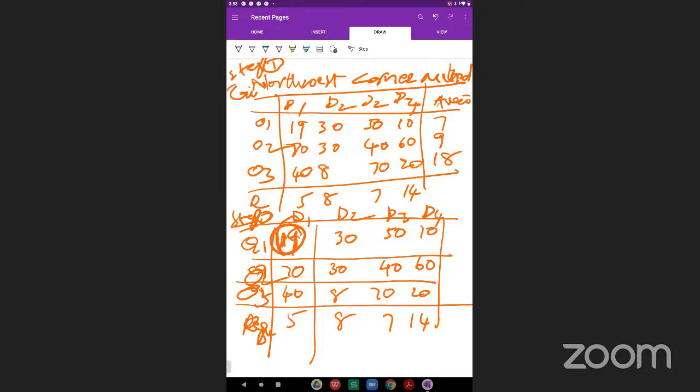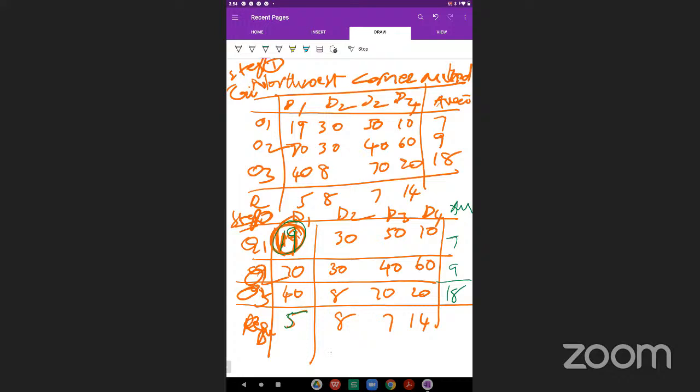I will start from the north. From the north, I take the requirement and availability. This is availability 7, 9, 18. Here demand is how much? 5. Which is the minimum?